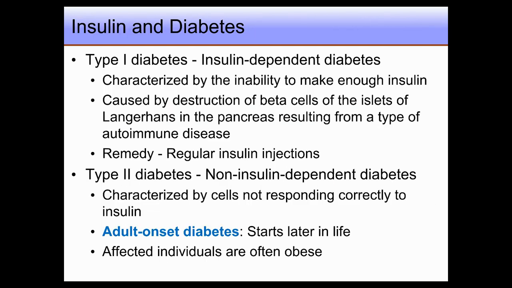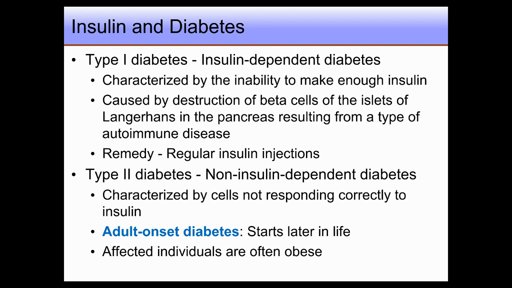So, as nutritionists and healthcare providers in general, it's really important to understand diabetes because it's such a national crisis. And type 1 diabetes is where a person does not have the ability to make insulin, and the beta cells of the pancreatic cells are compromised. And so, what will happen is that you just don't have enough insulin. This is usually diagnosed early in life.